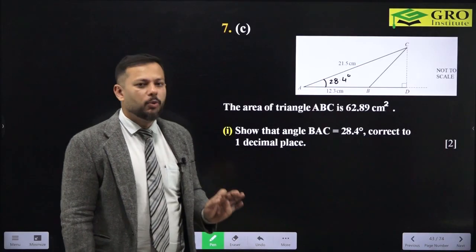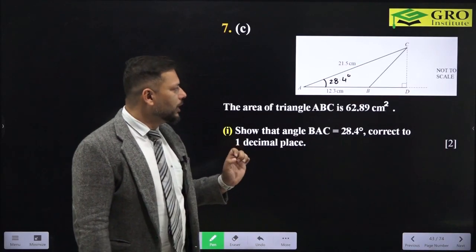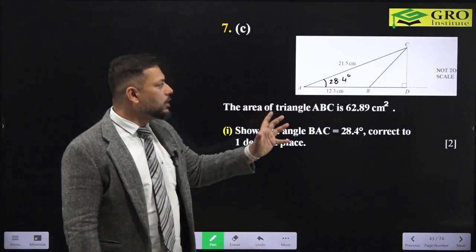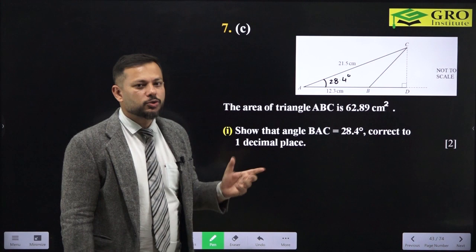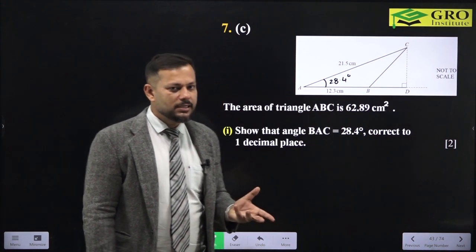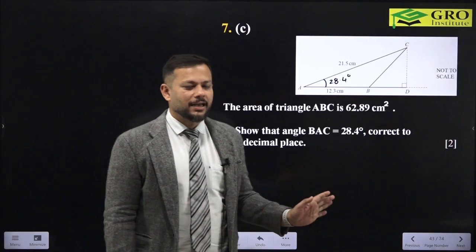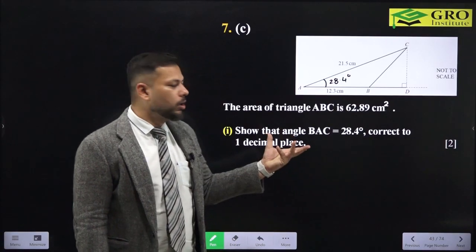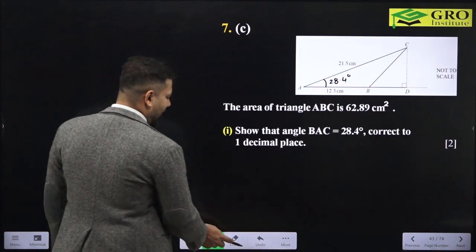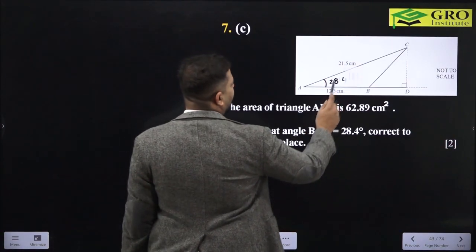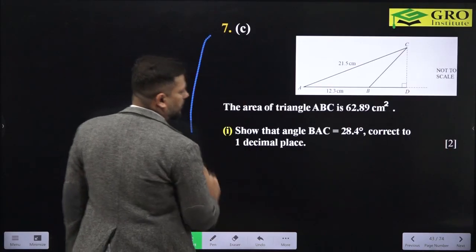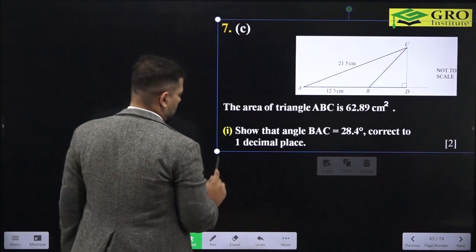We know a formula, that is 1 by 2 times AB times AC times sine of angle A. That is the sine formula used to find out the area of the triangle, isn't it? So let us use that sine formula to get the area, and then we will find out whether that angle A comes out to be 28.4 or not. Right? Let us just make a bit of space for our working.